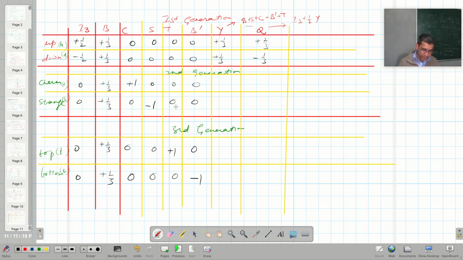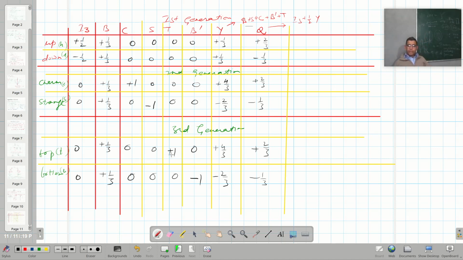Similarly for the second generation, its value will be plus 4 by 3, and its value will be minus 2 by 3, and its value comes out to be plus 2 by 3, and it is minus 1 by 3. And similarly, if I do a little algebra, its value will be 4 by 3 for it, and it is minus 2 by 3. You can do all these calculations at your own level and you will get all these values, keeping these formulas in mind. I have taken full precaution to write down all these values.